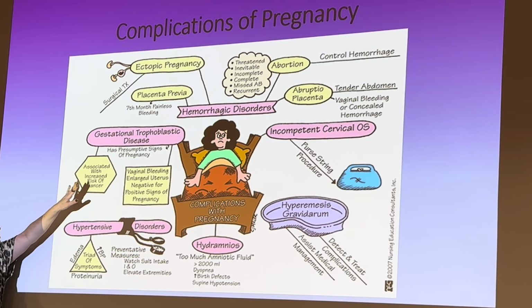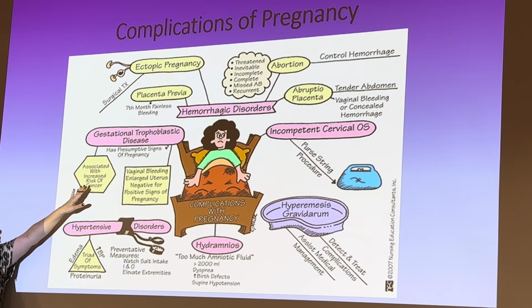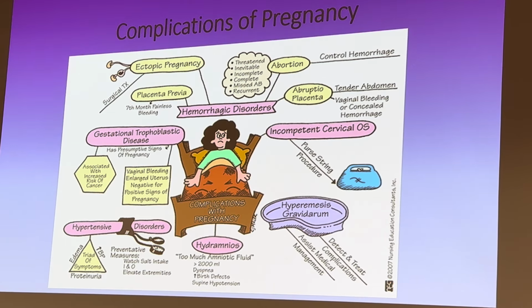And if someone gets a hydatidiform molar pregnancy, they're typically gonna be over the age of 40. It is more common with advanced maternal age. So that's all I'm gonna say about that, okay?